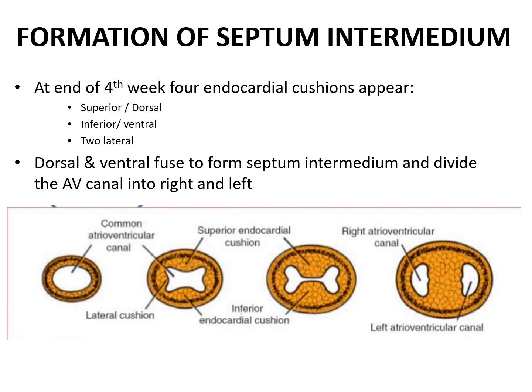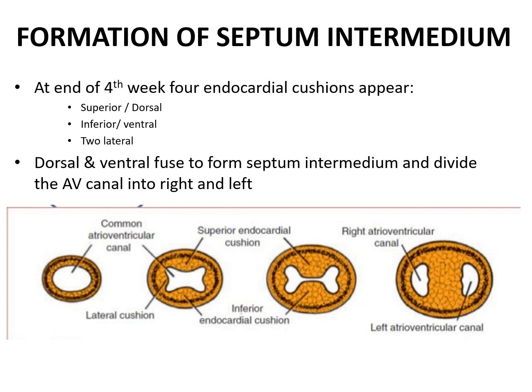So we will first talk about the formation of the septum intermedium. Septum intermedium is actually the septum formed within the junction of the atria and the ventricle, so that it divides that atrioventricular area into two parts, right and left side.